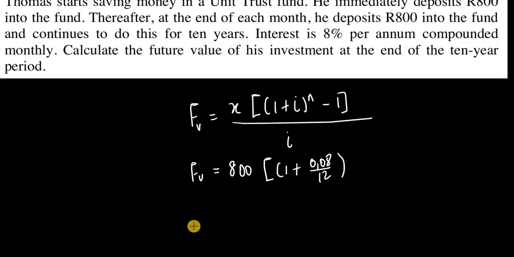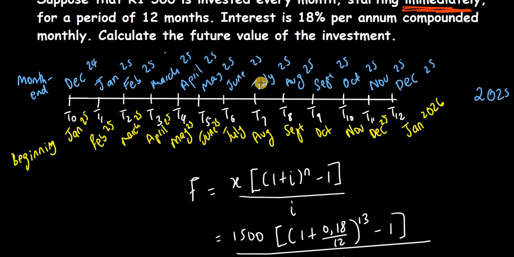You understand? So we were told that he did what? He immediately deposited 800. If you immediately deposit, that means your timeline will be looking like this. You immediately deposited, and then you continue to do that for 12 months.